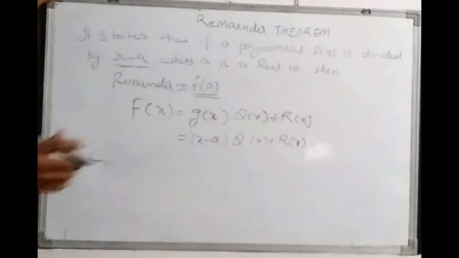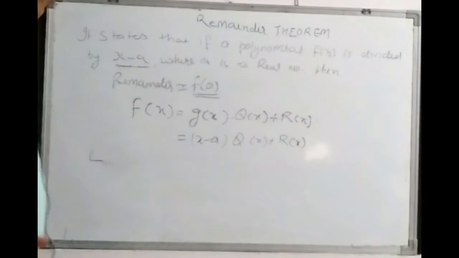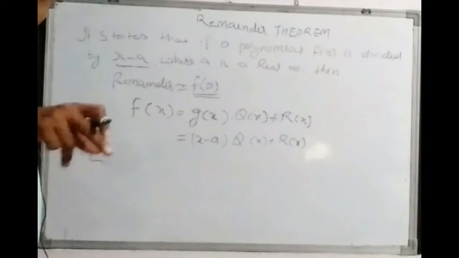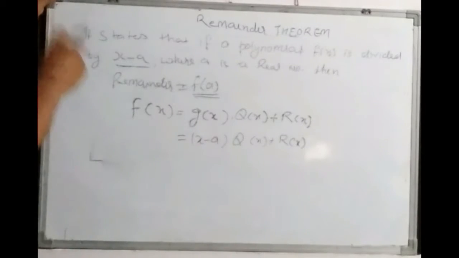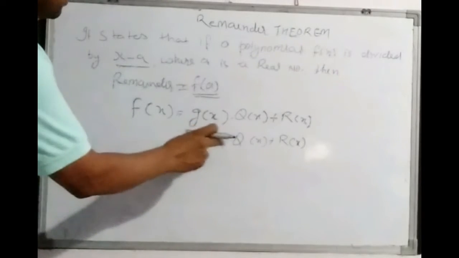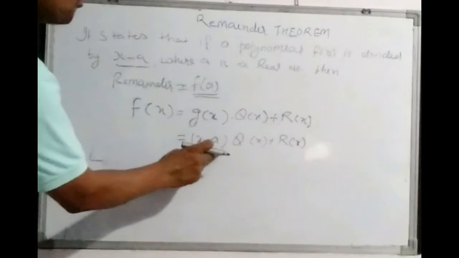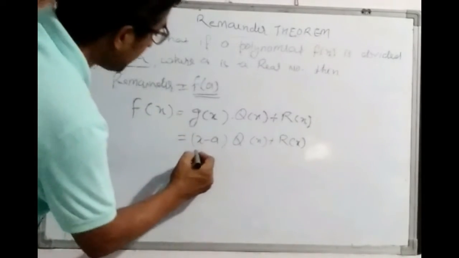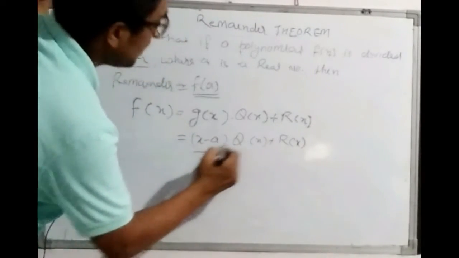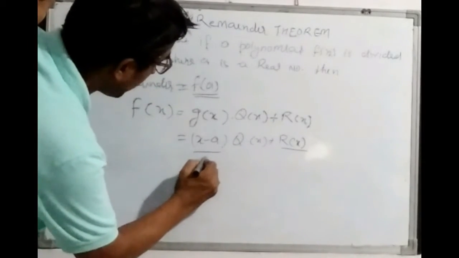Now one thing should be kept in mind: in case of real numbers we keep our division process on till we get a remainder which is lesser than the divisor. Similarly, in case of polynomials, the division process continues till the degree of remainder is less than that of divisor. Here the divisor is x minus a and r(x) is the remainder. So the degree of divisor is equal to 1.